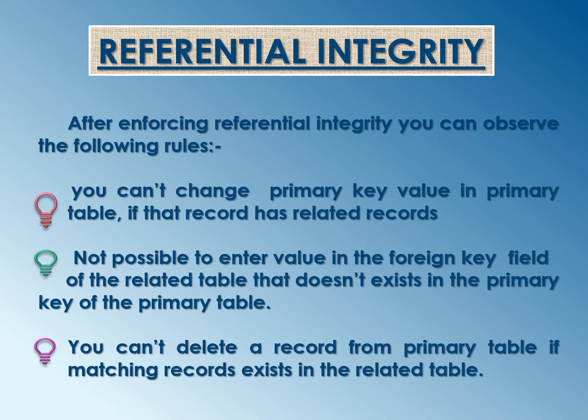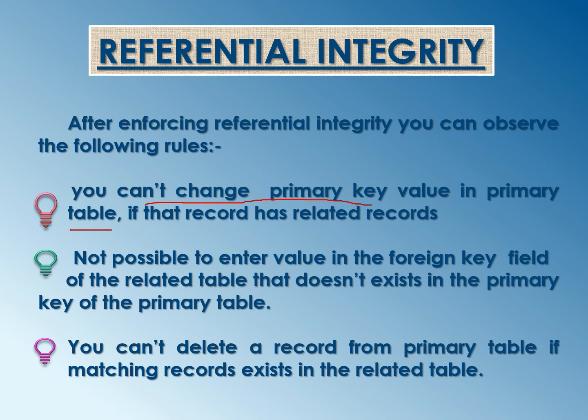Now, when I have set up this referential integrity using the primary key and foreign key, the following things will automatically be enforced. We cannot change the primary key value in the primary table if it has related records in the other table. Students, for this, please keep in mind the department table and the teacher table that we considered earlier.